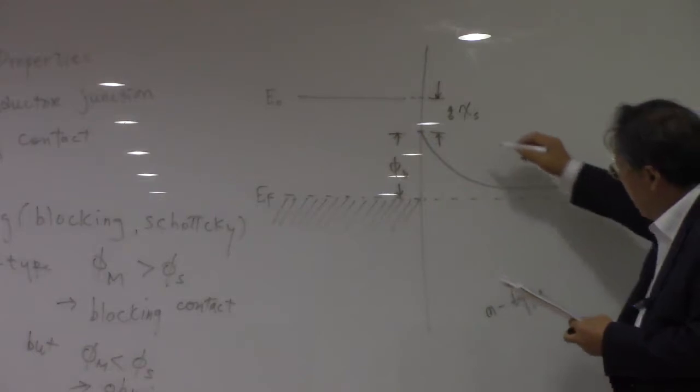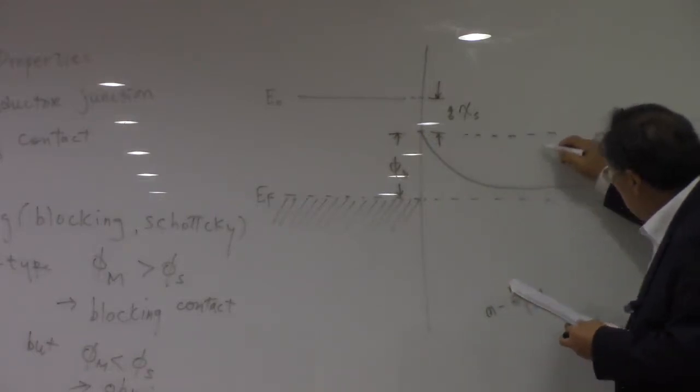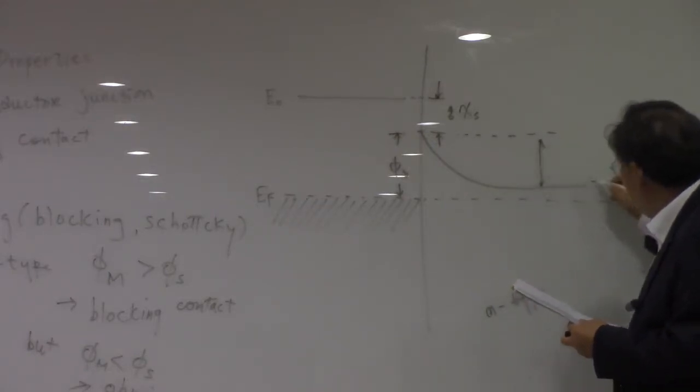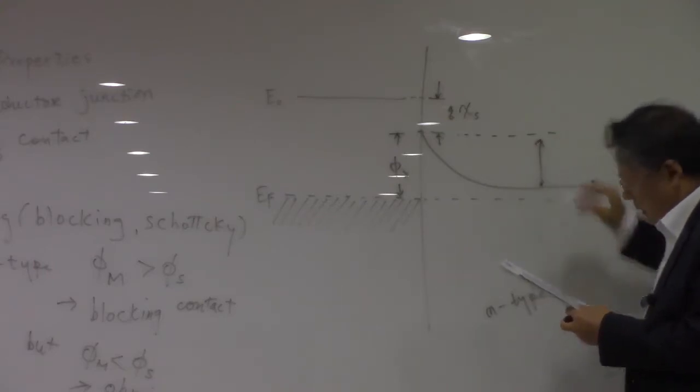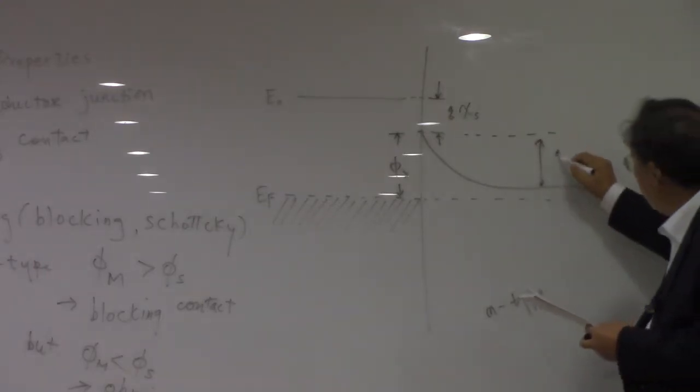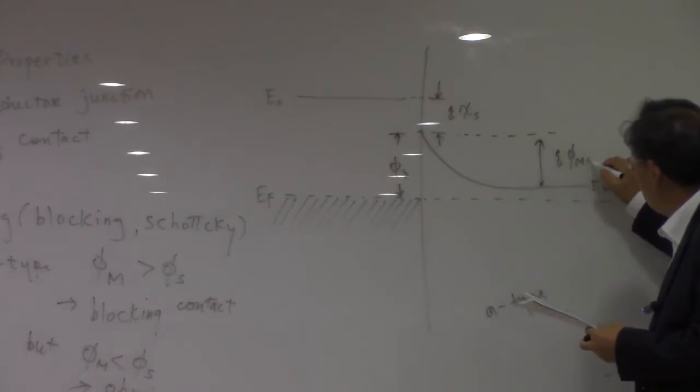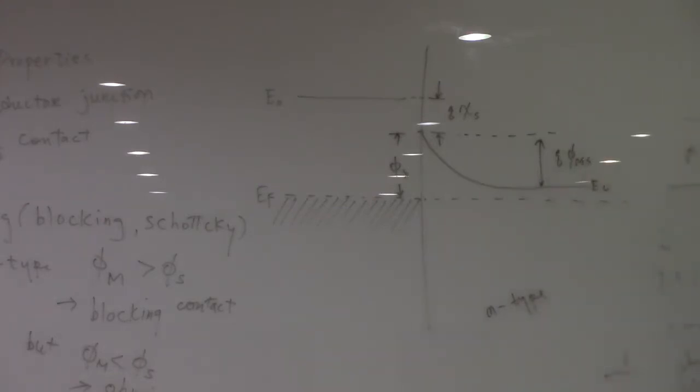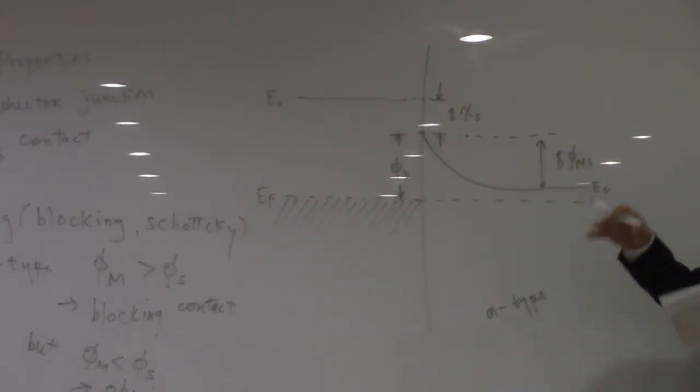And this band bending of the conduction band corresponds to the work function difference between metal and the semiconductors. That is the band structure when you form a contact between metal and the semiconductor, especially for the case that the work function of the metal is less than the work function of the semiconductors.